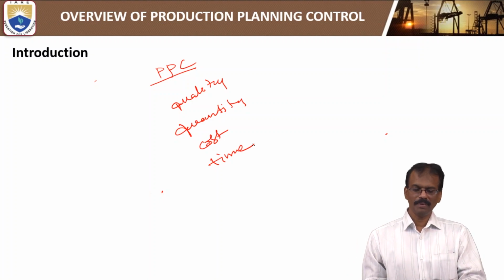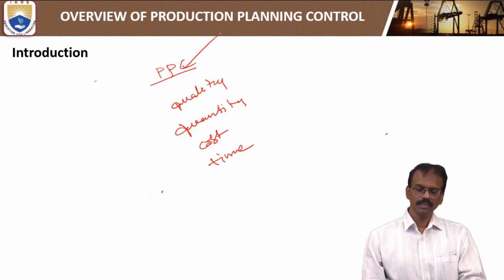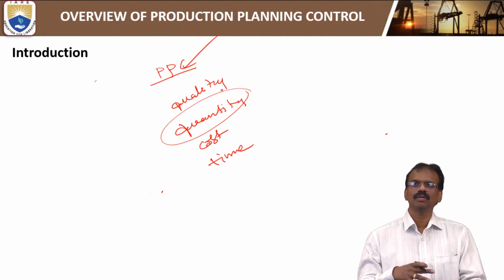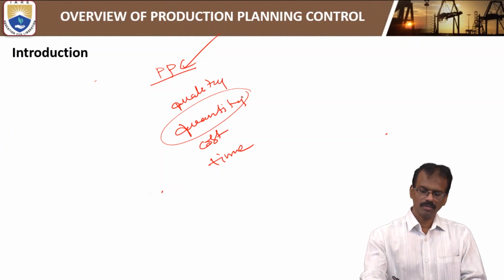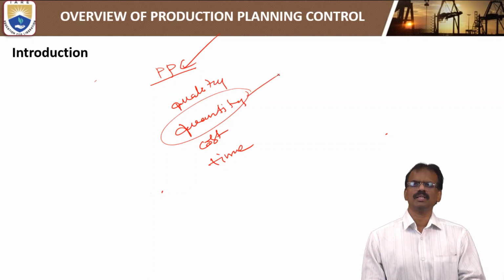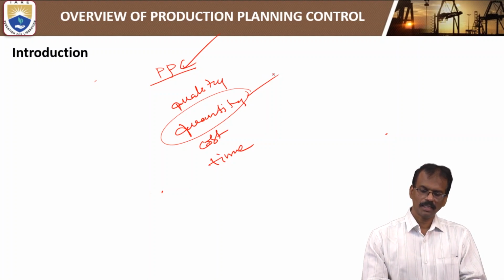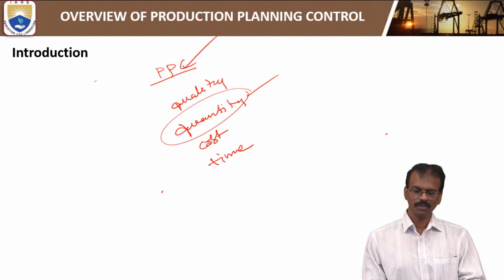For maintaining quality products, we require PPC, through proper planning and proper implementation of the plan. Quantity means reaching the pre-planned dispatching targets, to fulfill the commitment to the customers. Whatever was committed to the customers, we have to provide those quantities of products.